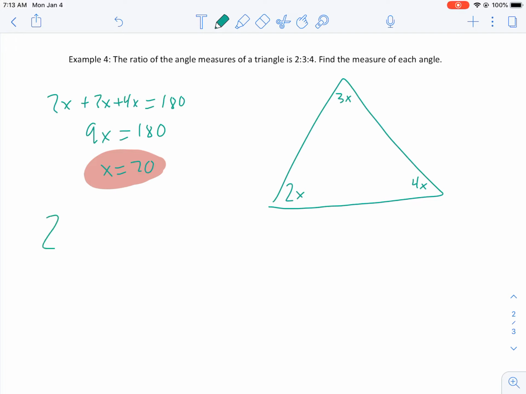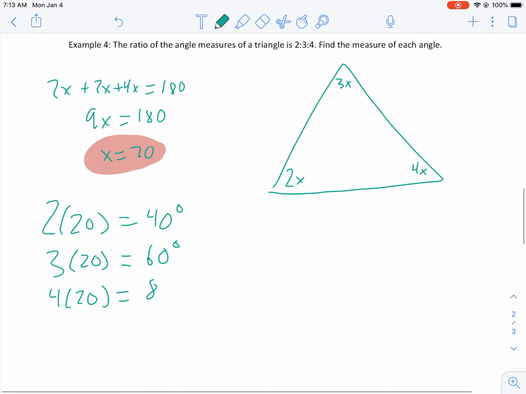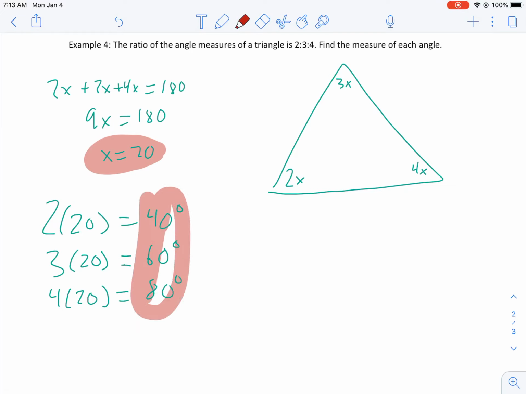And so we know we have 2 times 20, which is 40. We have 3 times 20, which is 60. And we have 4 times 20, which is 80, right? So those are our three angle measures. And of course, we know that 40 plus 60 plus 80 is 180, so it works.